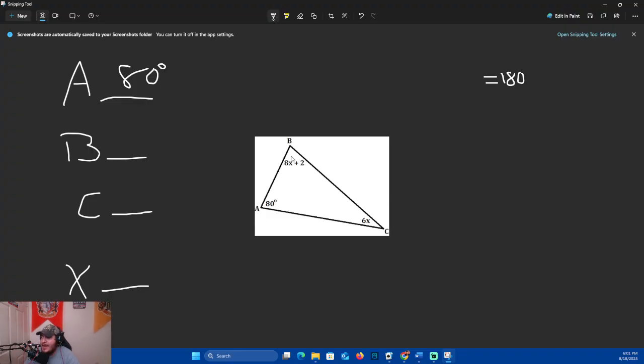When you combine the like terms of everything that you have in this triangle here, you would have 14x, because 8 plus 6 is 14, plus 82.